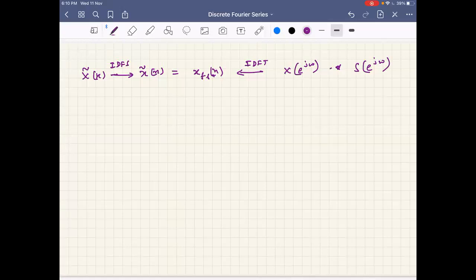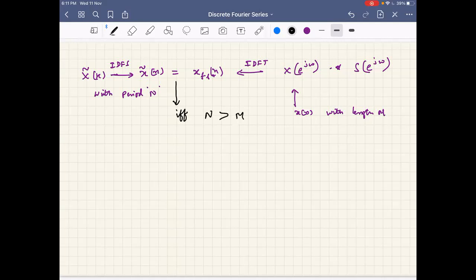This x of e power j omega is obtained from x of n with length m, and this is with period capital N. So these two are equal, if and only if the number of samples in the frequency domain is greater than the sequence length in the time domain.